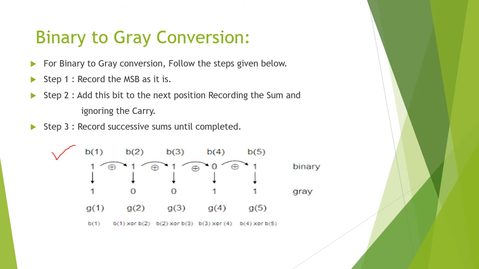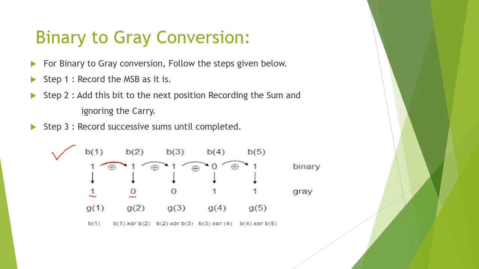Here binary digit 11101 is given, and we have to convert it into its gray. So again the first MSB is written as it is. Now this MSB gets added, binary MSB gets added with the next binary digit, and the result is 10, but sum is 0 and carry is ignored.